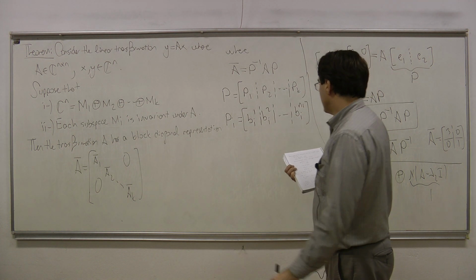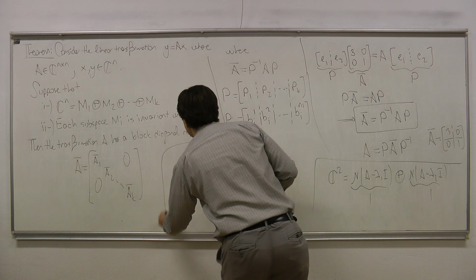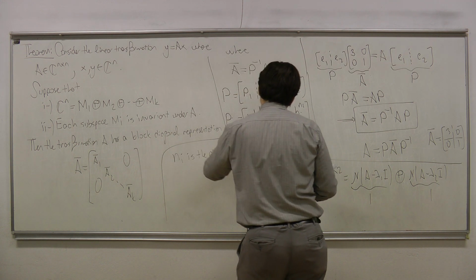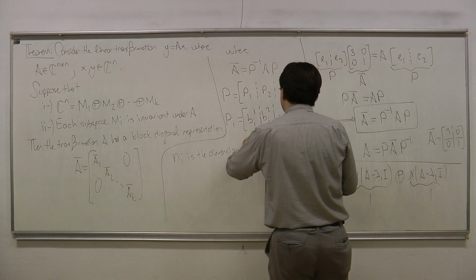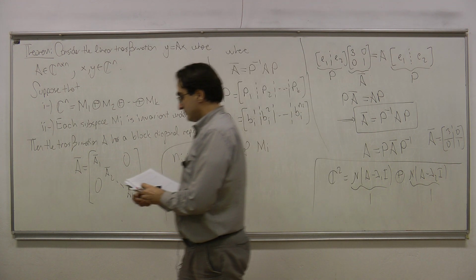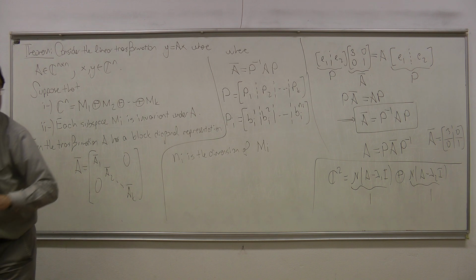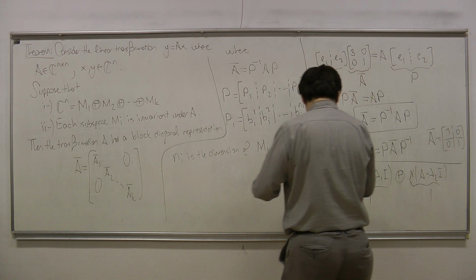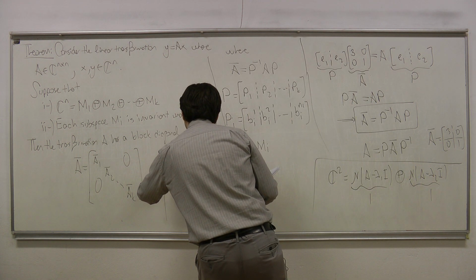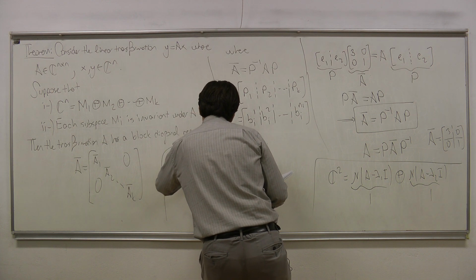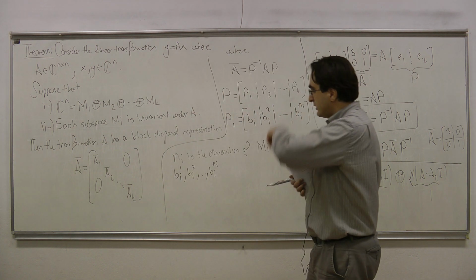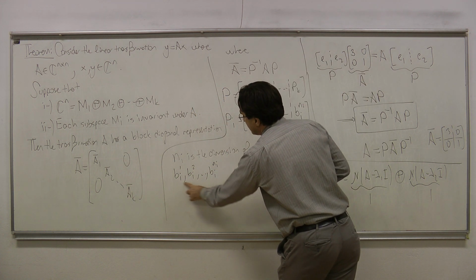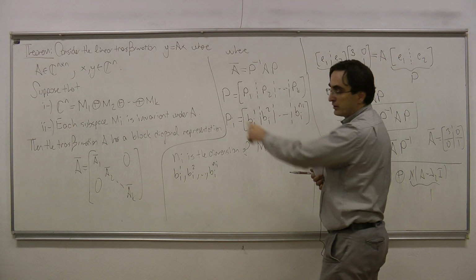Here, Ni is the dimension of the subspace Mi. Remember, Ni is the dimension of the subspace Mi, and in this case I would have Ni basis vectors for that subspace.